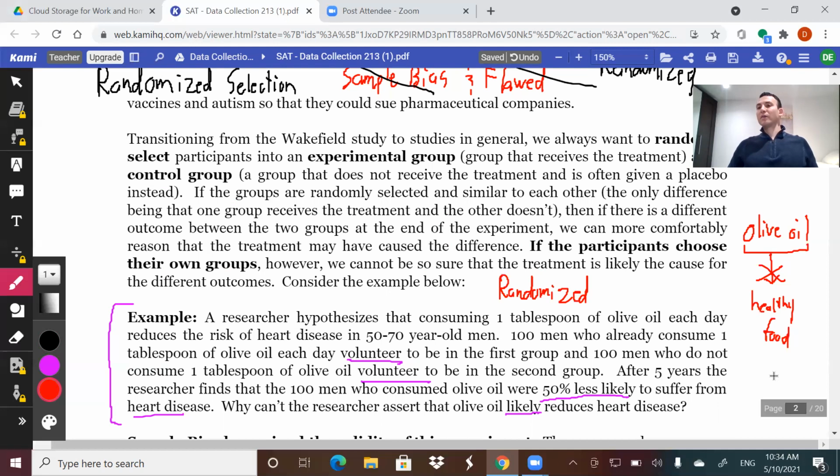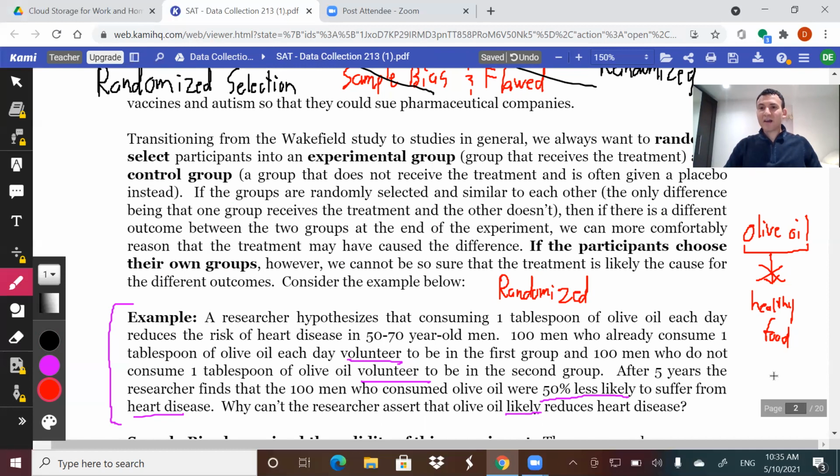You need to know that your dependent variable, the reduction in heart disease, is a result of the input, in this case, having olive oil or not having olive oil. And the only way to really know that is to get as many men as possible and randomly select them into 2 groups.